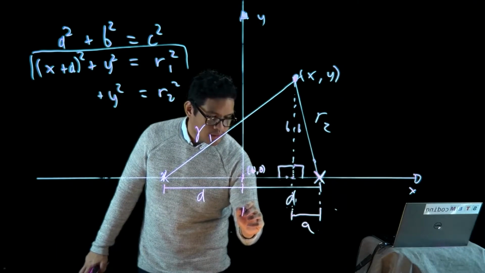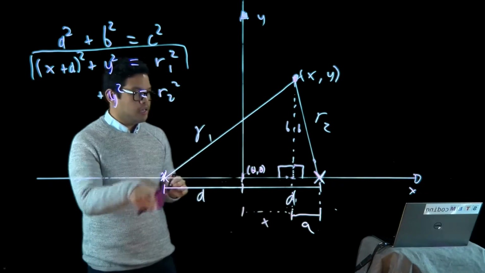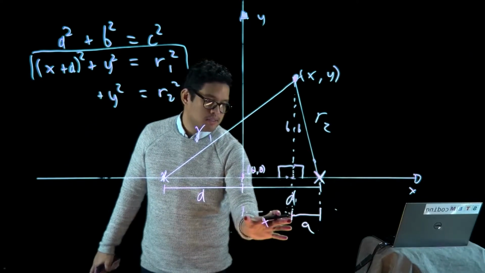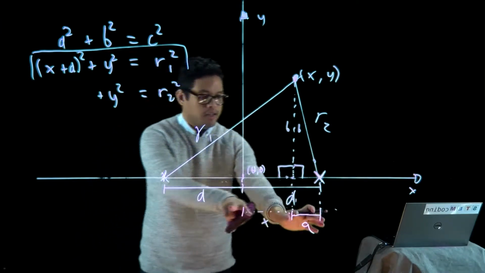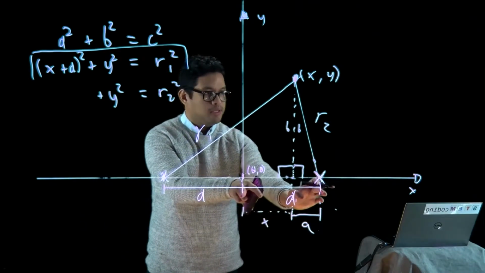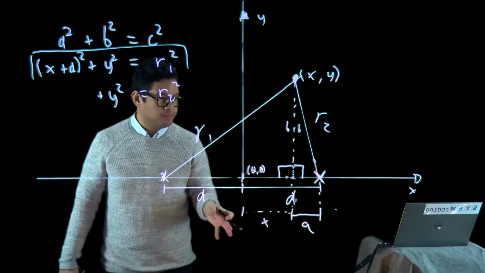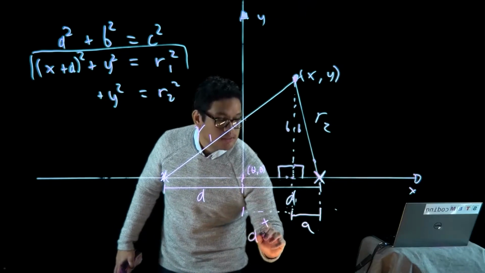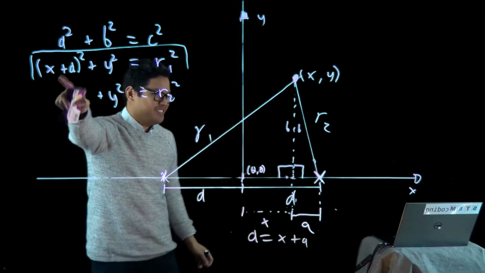Notice that this distance here is x. Remember, we used that in the last step, right? And it turns out that this distance plus this small distance, which is what we're looking for, is equal to d, right? They added together make up this half of the axis, right? And so you can identify that d is equal to x plus a. It's kind of like the inverse of the one we did over there, right?